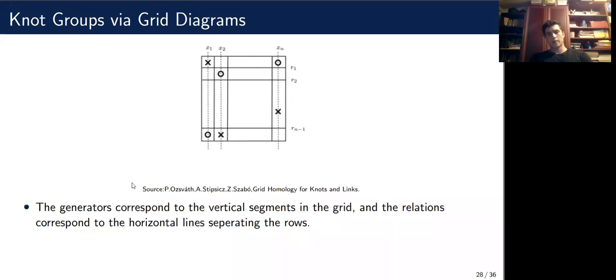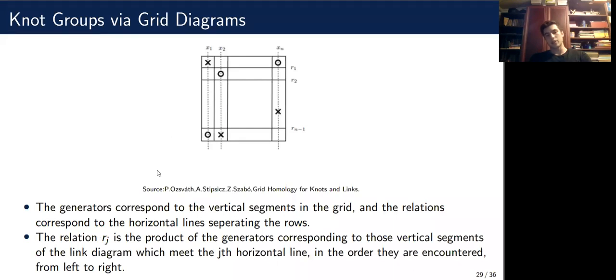And there's a relation corresponding to each horizontal line that separates the rows. So in this case, there are n by n grids, so there will be n minus 1 relations, and each jth relation is the product of the generators corresponding to those vertical segments which meet the jth horizontal line.